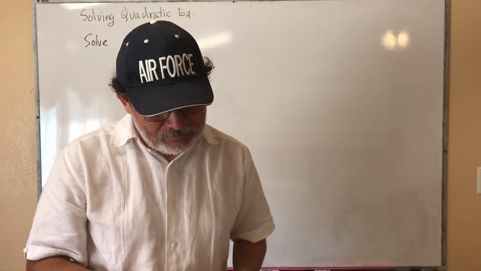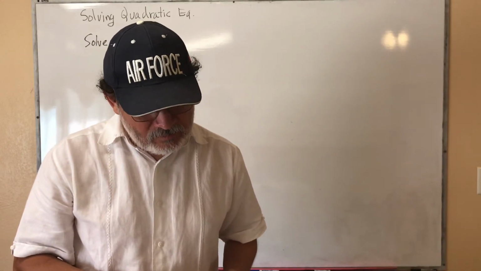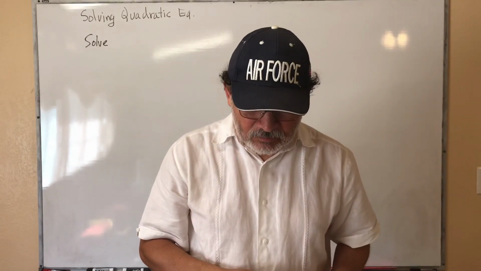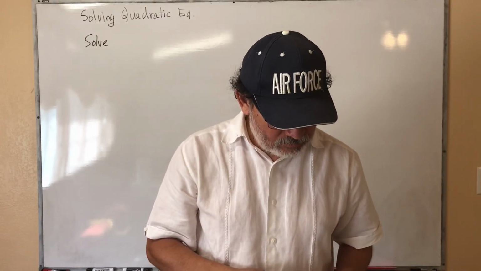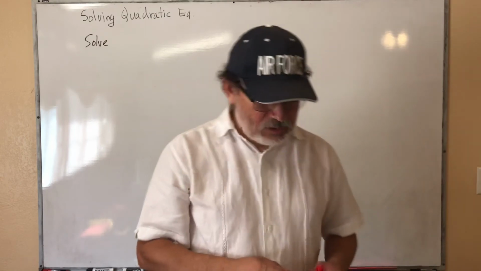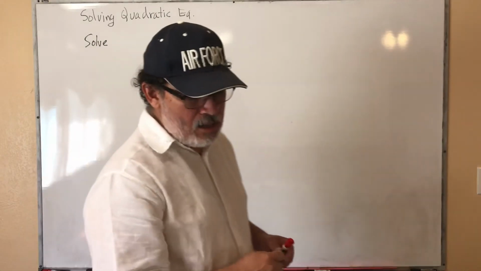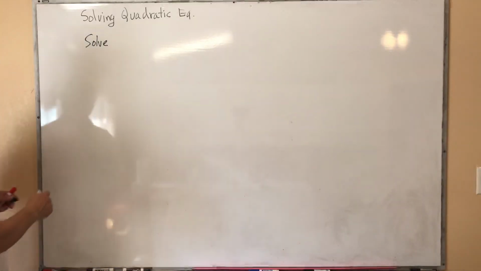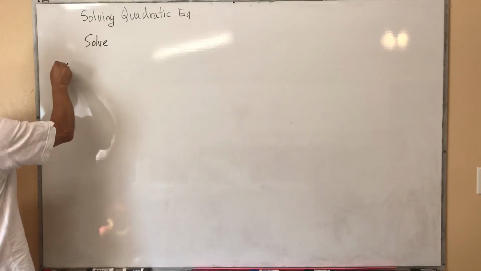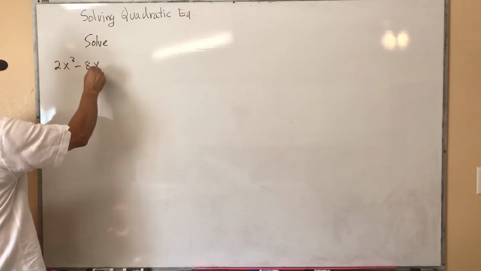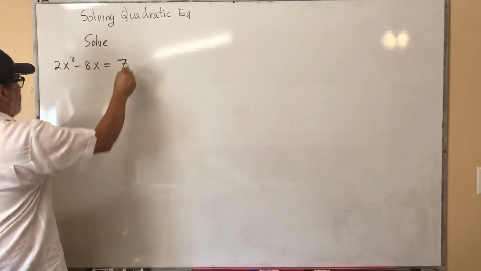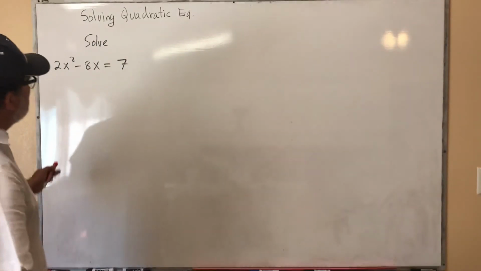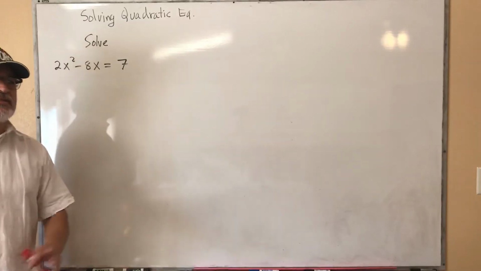Solve right here. 2x squared minus 8x equals 7. Okay, so we have this quadratic equation that we want to solve.